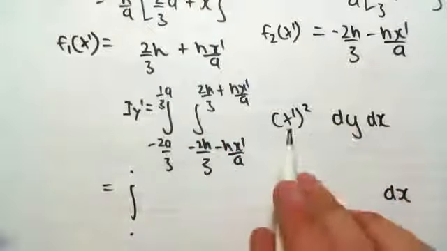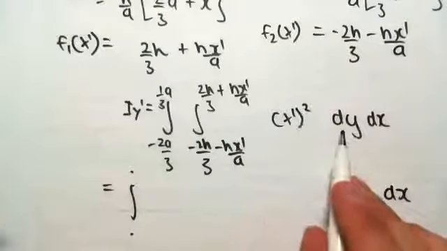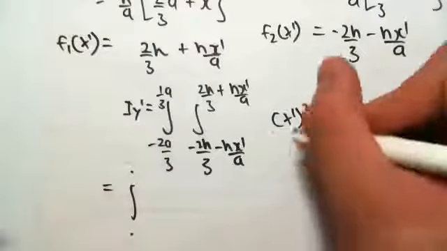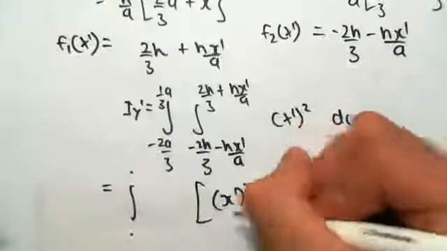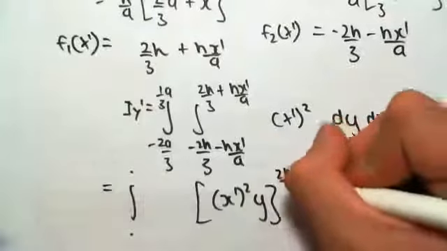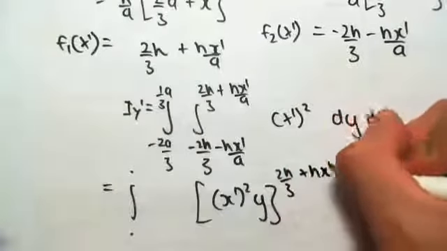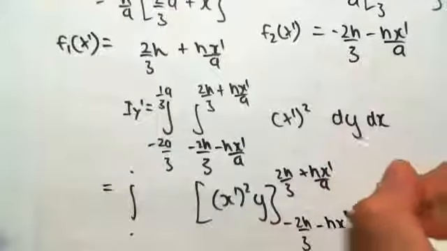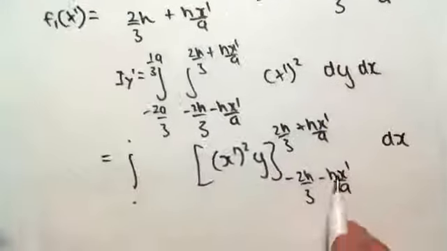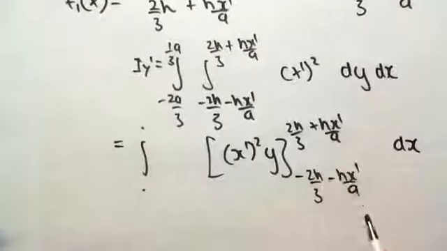For our inner integral, we've got x dash squared dy. So we're going to be integrating for dy. Think of x dash squared as a constant times y, outside of 2h on 3 plus hx dash on a, minus 2h on 3 minus hx dash on a. Because we integrated for y, these are going to substitute in for y.